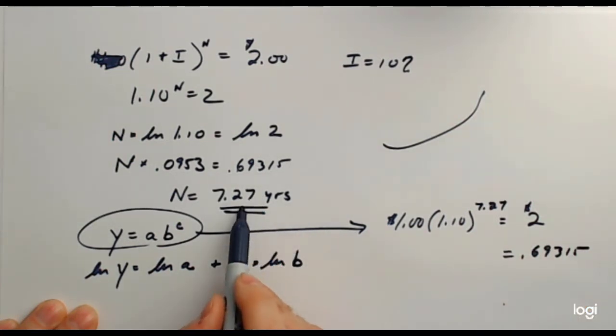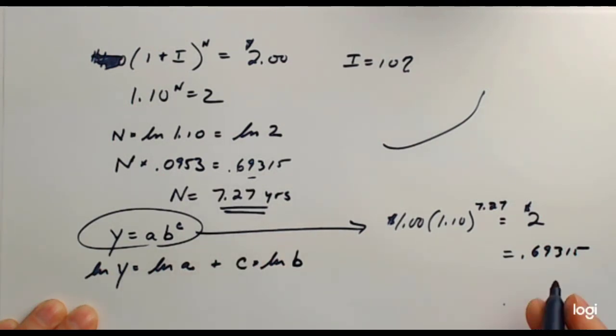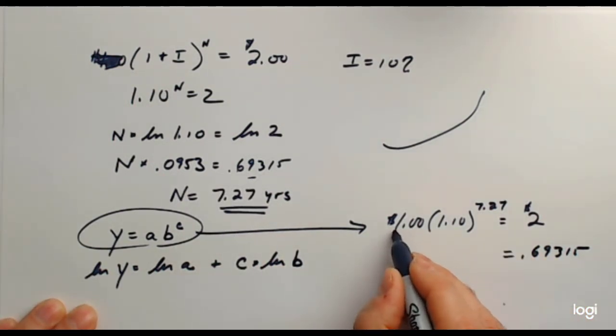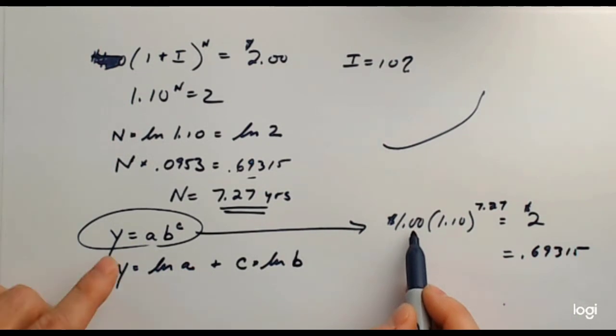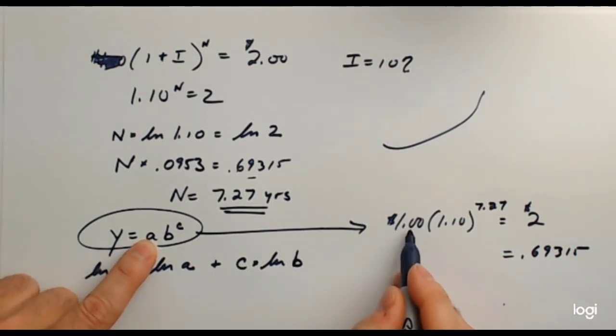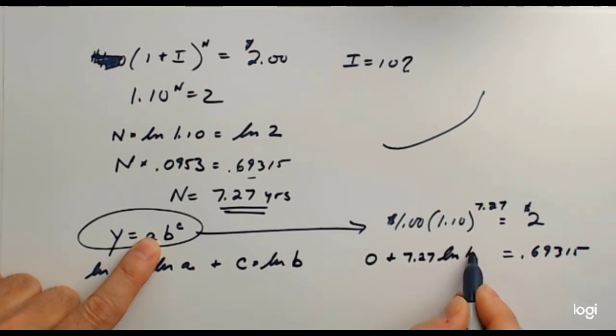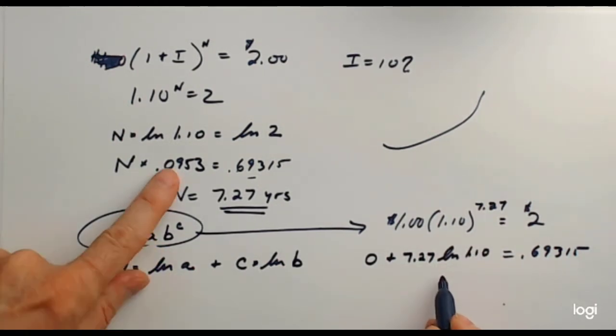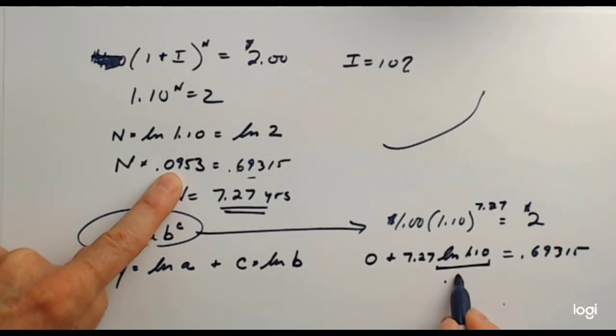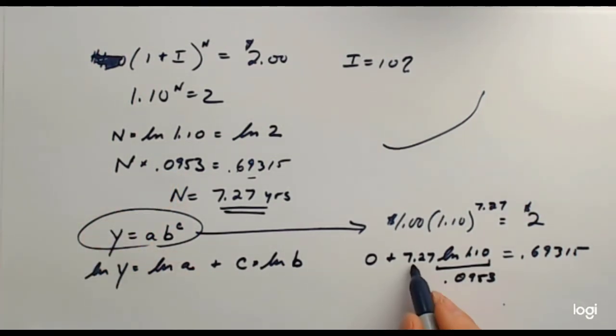We just saw that a minute ago, right here. And let's take the log of 1. That's basically the log of a here, but the log of 1 is 0, so it doesn't do anything, so it's 0 plus 7.27 times the log of 1.10. And we know that this right here is 0.0953. So 7.27 times 0.0953 is 0.69315.